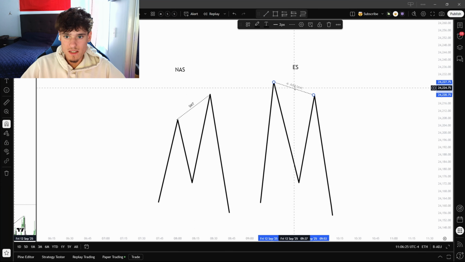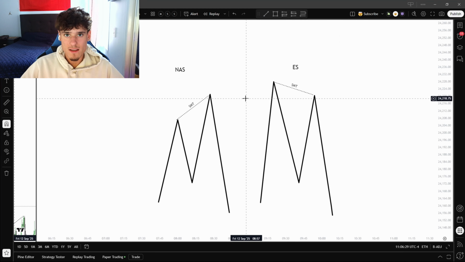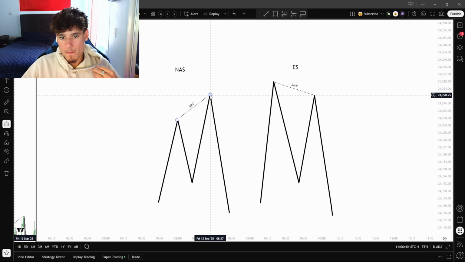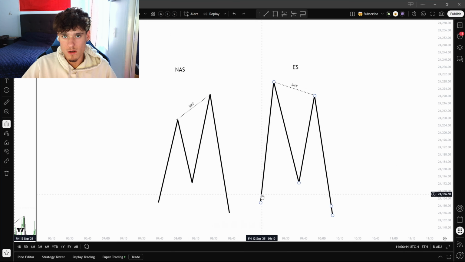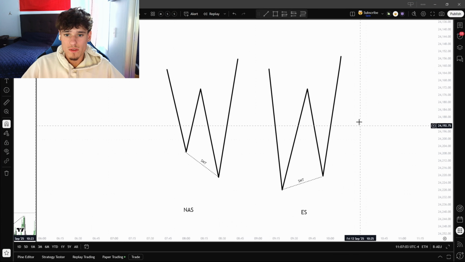And when an SMT is formed, right away, it's automatically a divergence in the market because NAS and ES are two correlated assets. When there's an SMT in place, as you can see right here, then we have bearish momentum going from the uptrend to a bearish momentum going down. But it works as well when the chart's flipped.